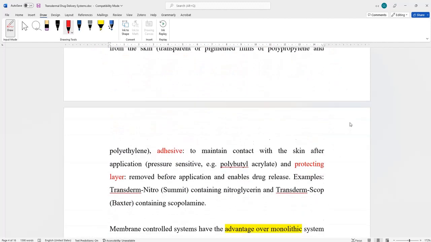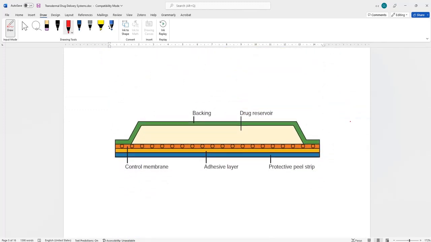On the other hand, when we talk about membrane controlled systems, we are talking about a design where you have a drug reservoir. See, this is the drug reservoir. It's like a pouch, like a container, containing the drug in the form of liquid or gel.